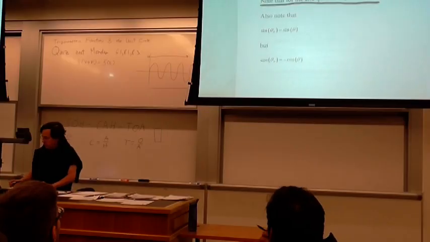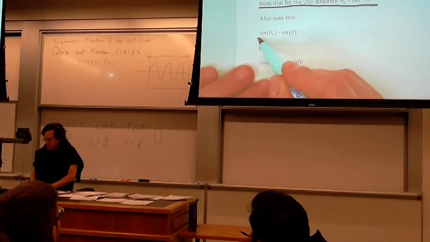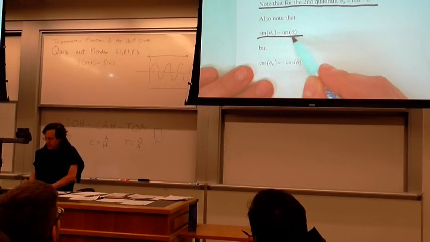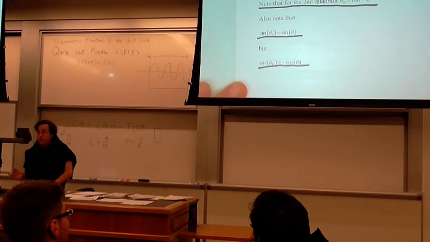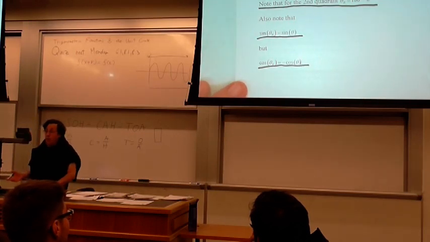So again, the sine of the reference angle is equal to the sine, but the cosine of the reference angle is equal to the opposite of the cosine of the angle. So that's a reference angle in the second quadrant.